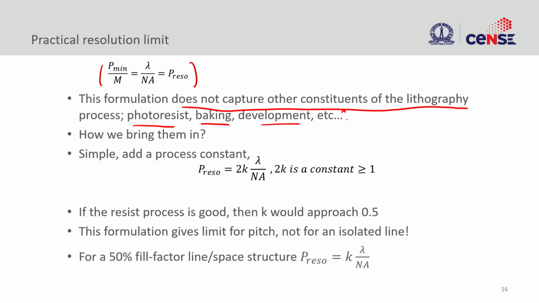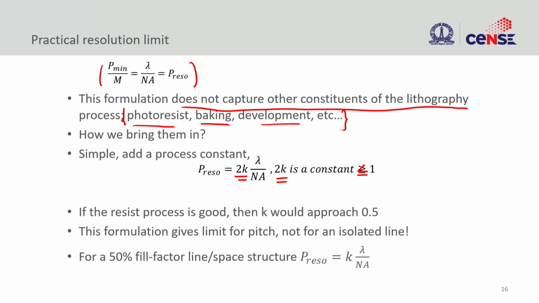So how do we add these process parameters? We use a constant called K, in this case 2K or K, which is good enough, and this K is greater than or equal to 1. So this should be the constant that dictates how good the process could be.